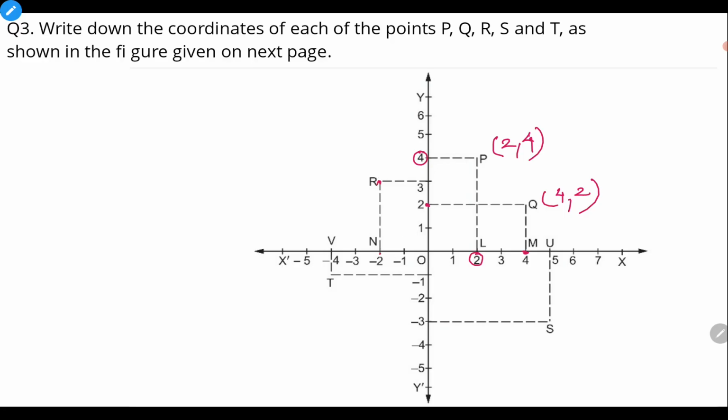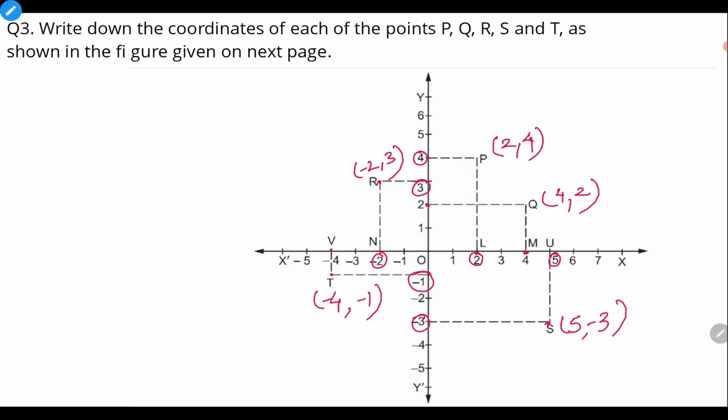After that, R: x is -2 and y is 3. So (-2, 3). For point S, x is 5 and y is -3. So (5, -3). For point T, x is -4 and y is -1.